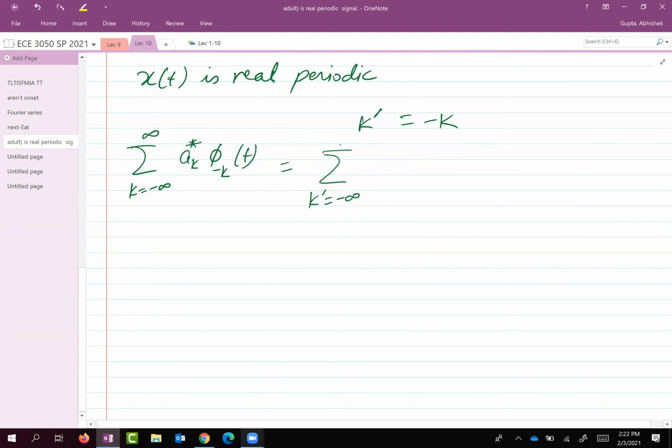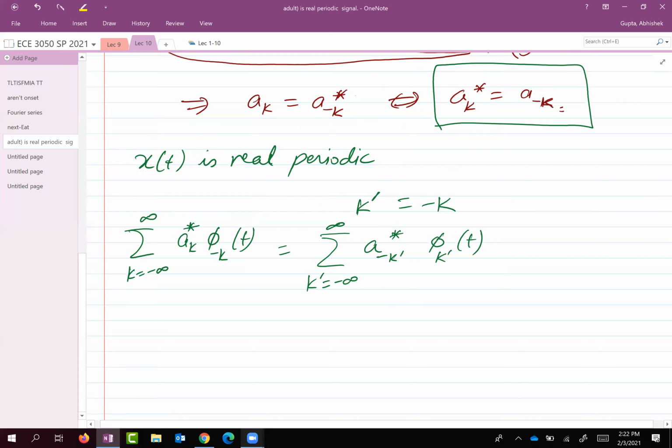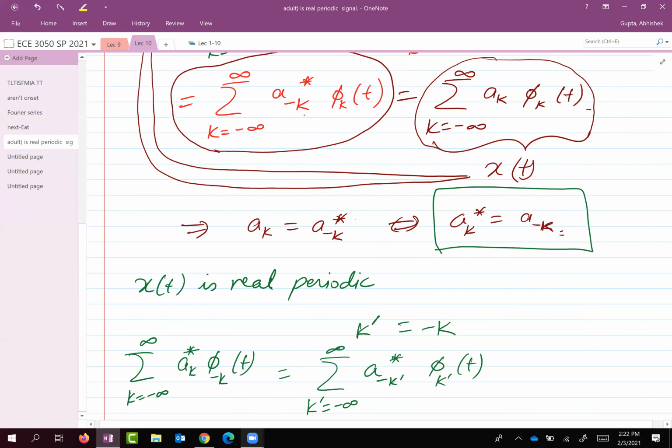You just write it as minus infinity to plus infinity. And a k star would become a minus k prime star, and phi minus k would become phi k prime of t. But k prime is basically a dummy variable that we are using for summation. So I'm just representing this k prime with just k in this expression. Gotcha. That makes sense. Thank you.